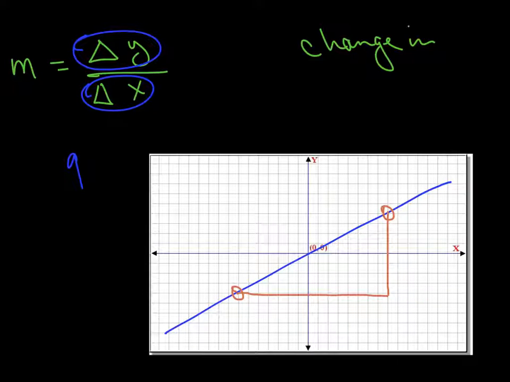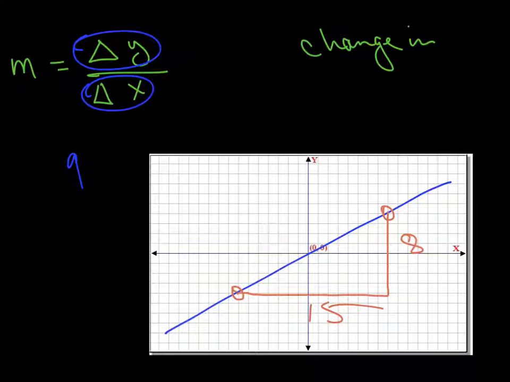What we're interested in is y over x. So we're looking at how far it is from here down to here: 1, 2, 3, 4, 5, 6, 7, 8. And how far we are from here to here: 1, 2, 3, 4, 5, 6, 7, 8, 9, 10, 11, 12, 13, 14, 15.